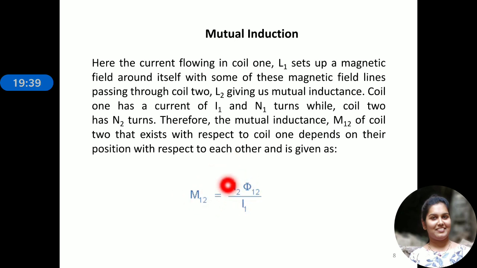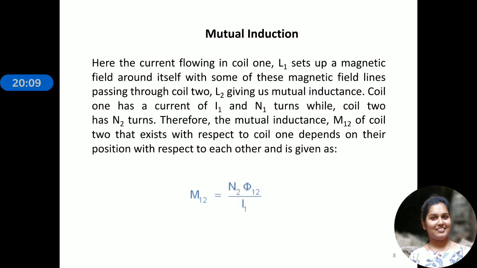This mutual inductance is dependent on the number of turns in the secondary coil and the flux that is getting linked from the first coil to the second coil. So that is why I have written phi 12, and it is dependent on the current. Here the current that is flowing is nothing but the current in the first coil, that is I1.